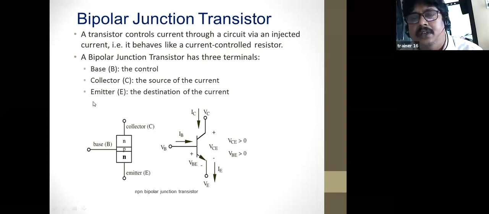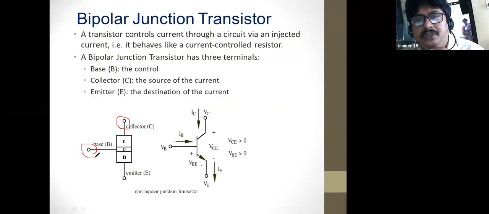In a bipolar junction transistor, it consists of three terminals. So one is a collector, another one is base, and another one is emitter. So these are the three terminals.